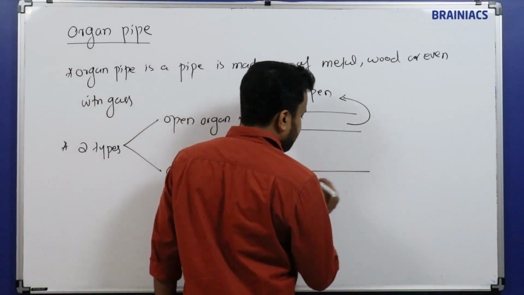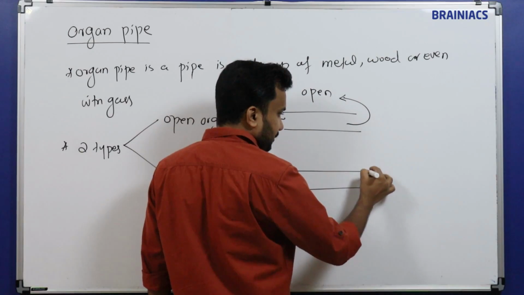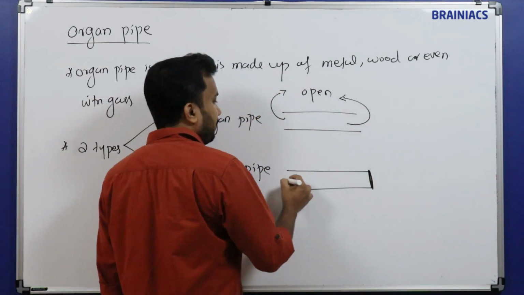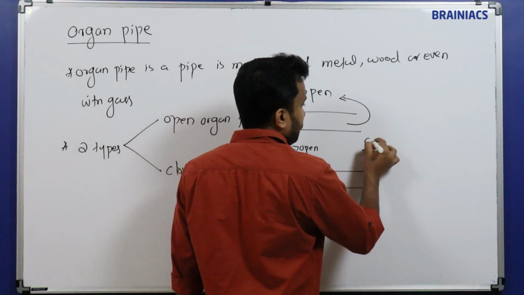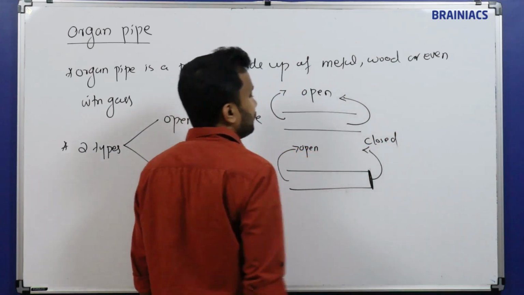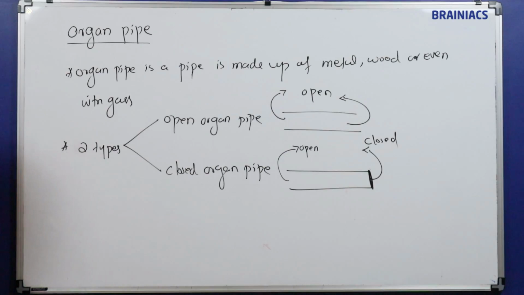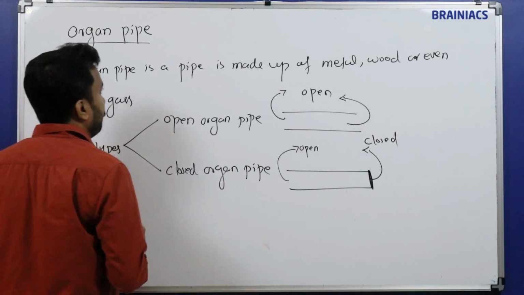Closed organ pipe means one side of the musical instrument is closed and one side is open. So this side is open and this side is closed, and then it is called a closed organ pipe. So we have two types of organ pipes available: the closed organ pipe and the open organ pipe.